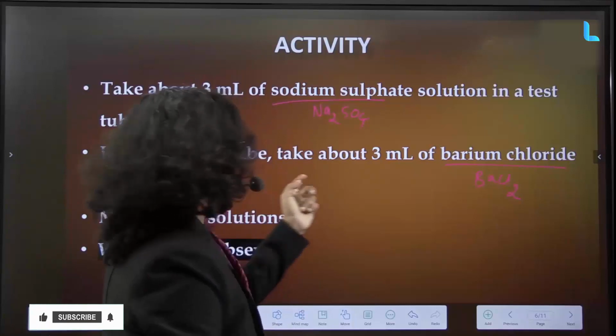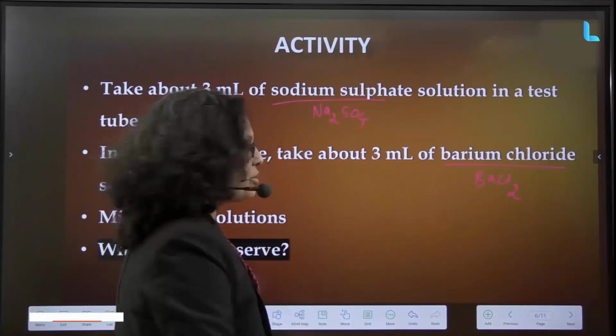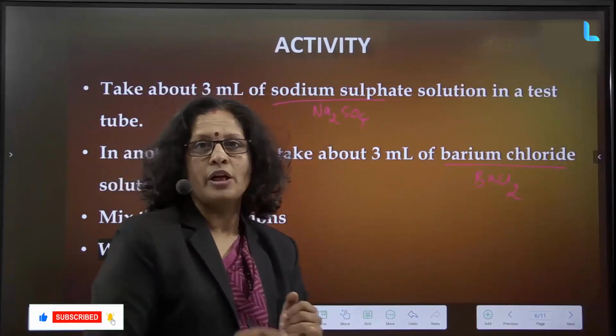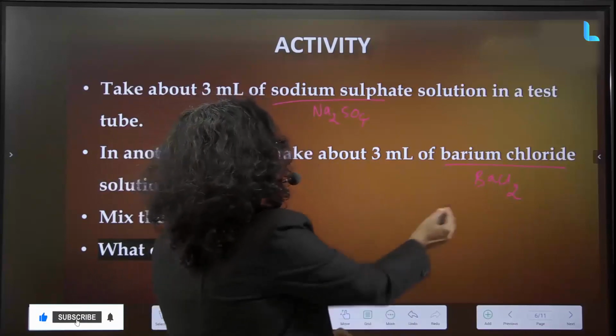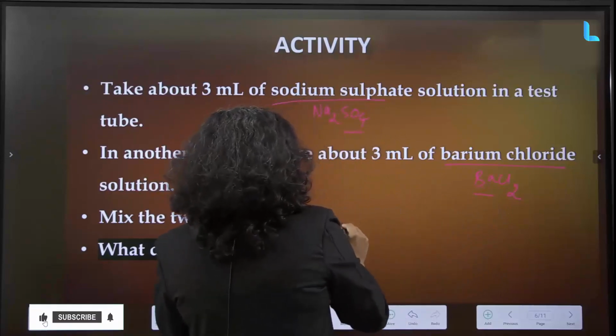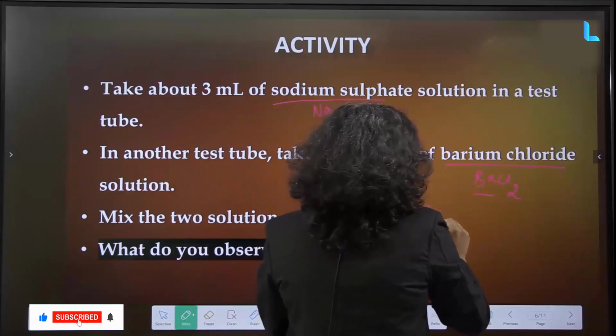Okay, so take a test tube. In another test tube, we have taken barium chloride. Mix the 2 solutions. What do you observe? What will we observe when Na2SO4 combines with barium chloride? Now interchange of valency will happen. Here we can say Na2SO4 plus barium chloride.